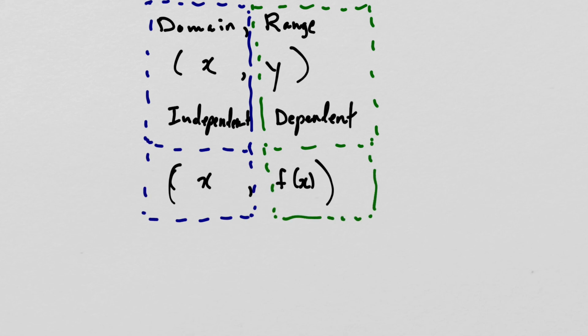Okay, domain, range, x, comma, y, independent, dependent, x, comma, f of x. They're all exactly the same, depending on which side you're on. Okay, I threw a lot of stuff at you. This might have been a little confusing. If it's not clear, please go back to the beginning and listen to this lesson again and make sure you completely understand this. Okay, thank you.